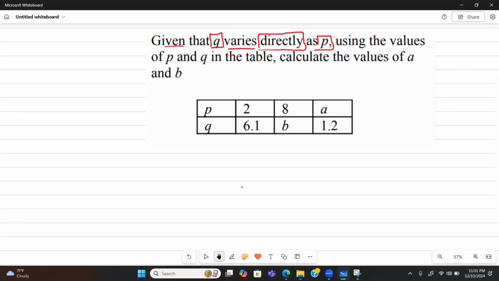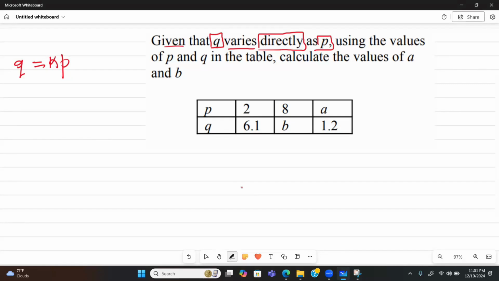The equation that associates q and p says the first variable was q, so q is equal to kp, always. Until this question is finished, we will be saying q is equal to kp. What is k? The constant. We never normally get it, so we're going to have to go in search of it.